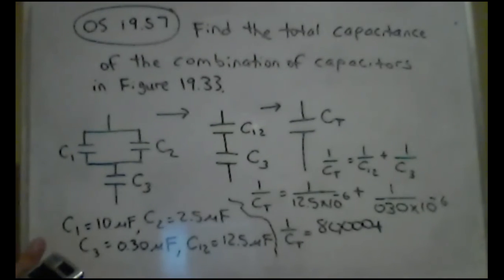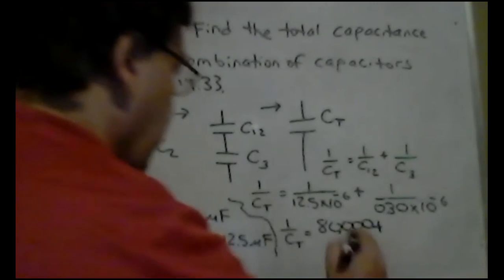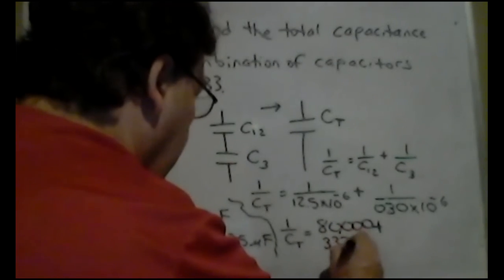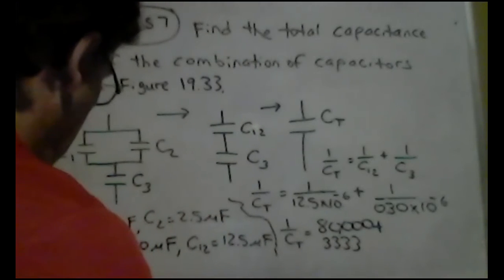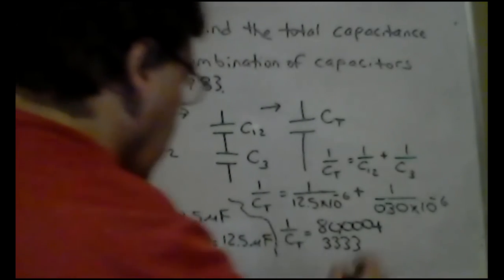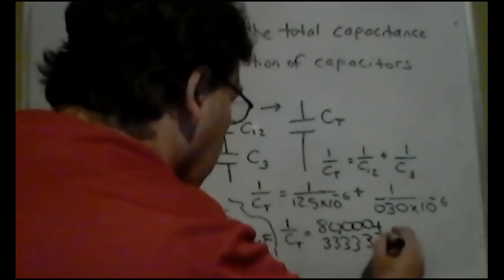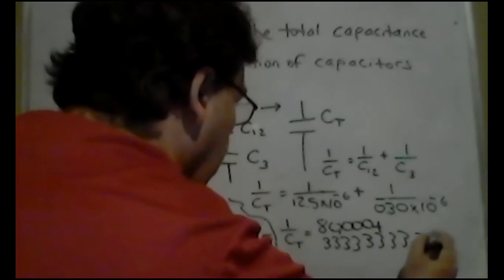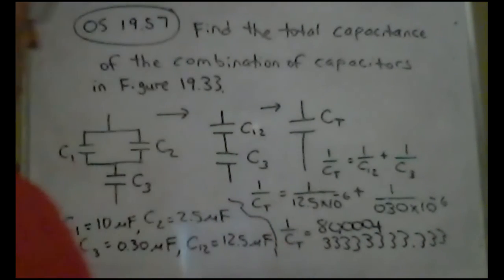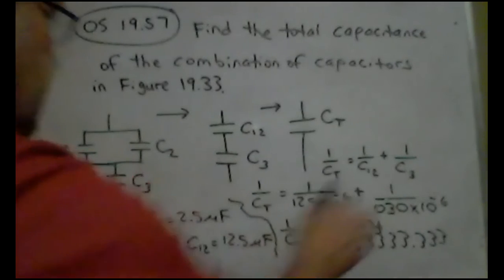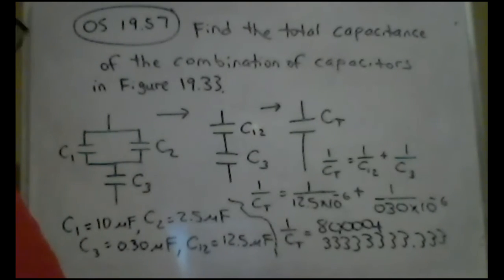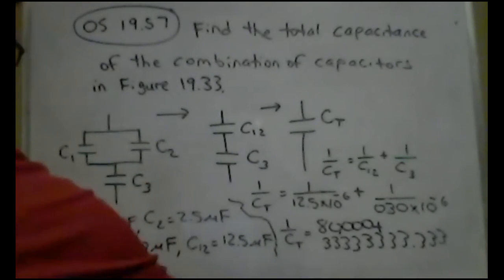Again, in your calculator, you're going to get a big number, 3333, a whole bunch of threes, 0.333. So you're going to add these two up.